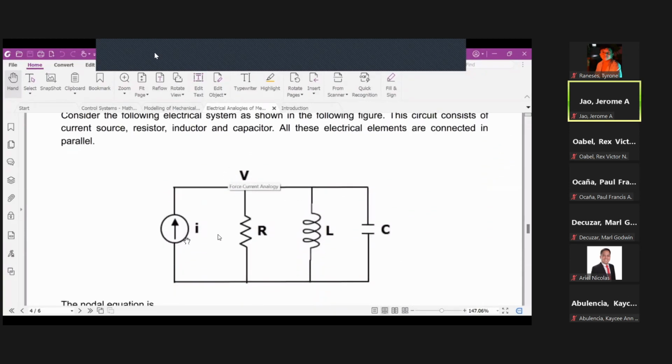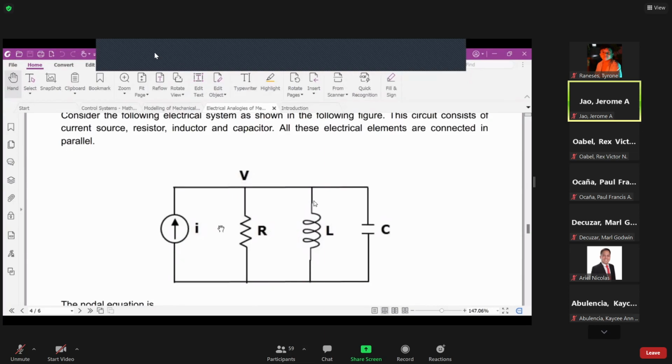For example, when we are analyzing a force-current analogy, we need to consider a nodal equation. Why? In a series connection, there is only one current, right? But the voltage has the analogy, because there is a voltage drop in each element.